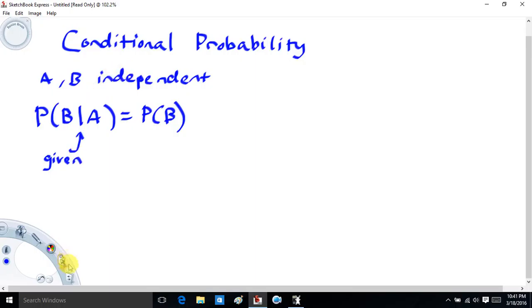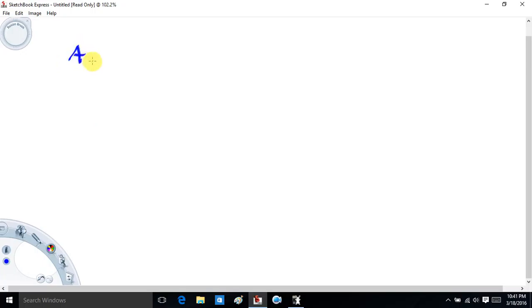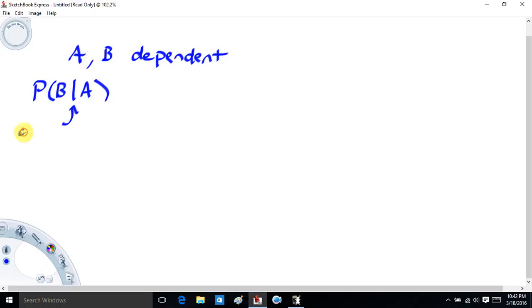Now let's assume that these events are not independent. Okay, so A and B are dependent. So if we want to find the probability of B given that event A occurs, we would write it like the following.